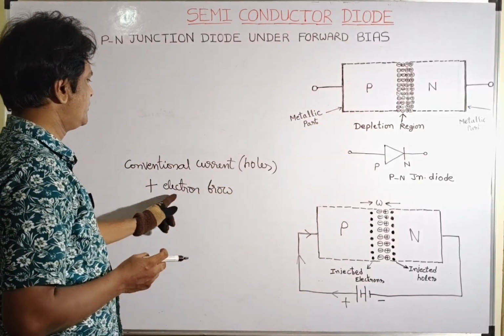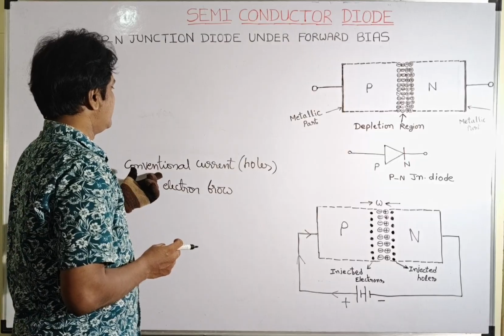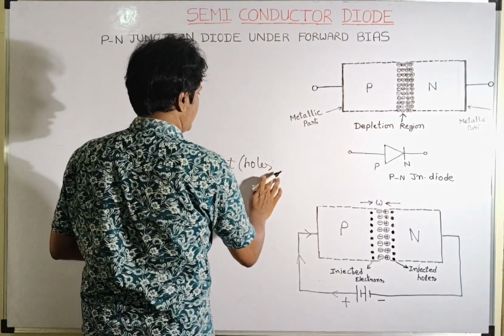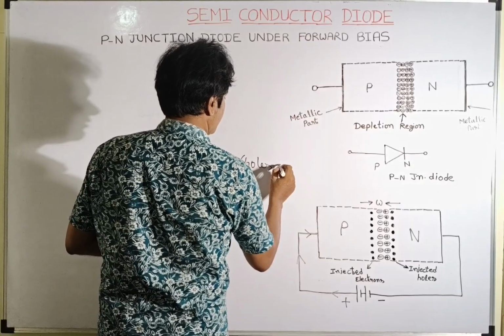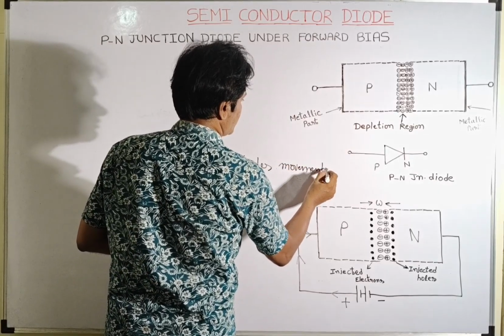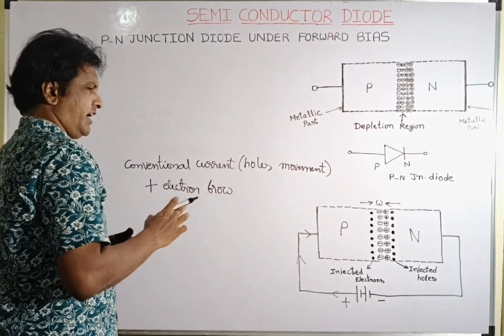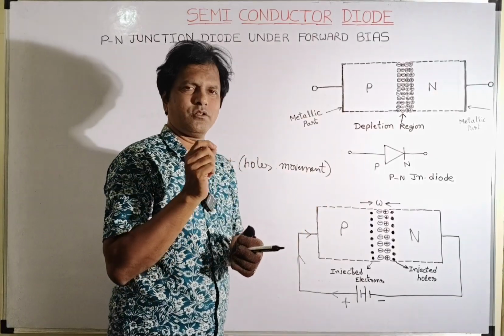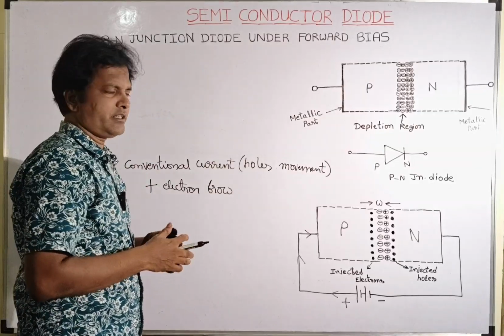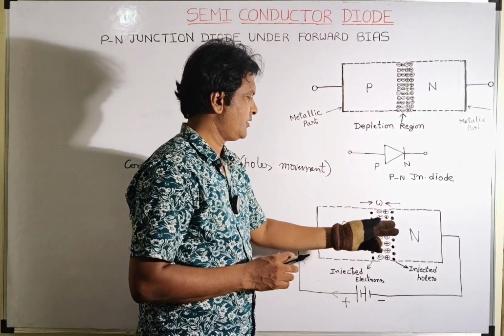So the sum of these two currents will be in milliamperes. Very small current flowing through the junction diode.